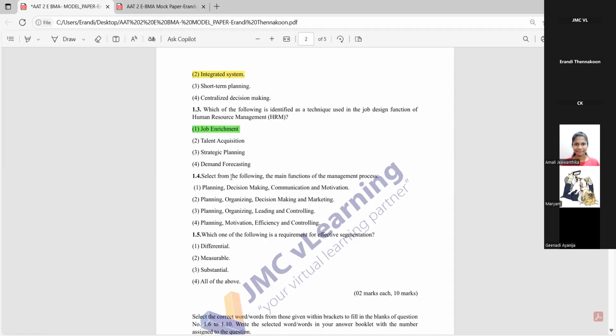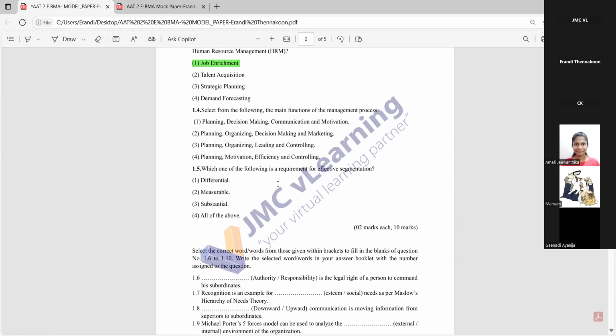Okay. So 1.4, select from the following the main function of the management process. This is very easy, right? You will get this type of very easy questions. Sometimes you will get questions regarding efficiency, effectiveness. So they will focus on these kinds of very easy areas when it comes to MCQ.